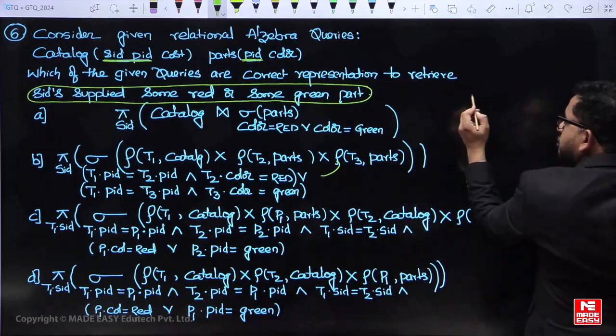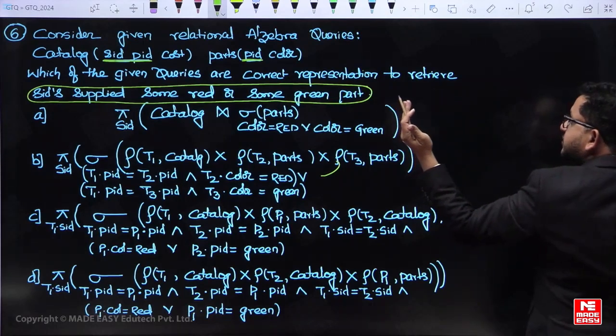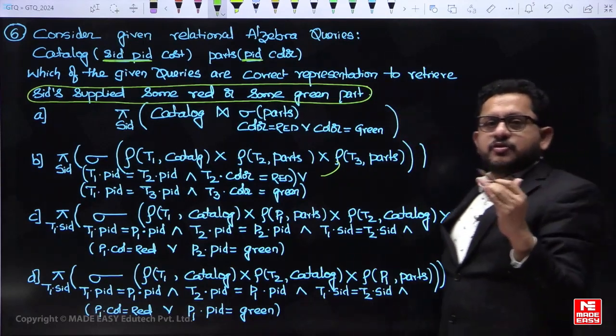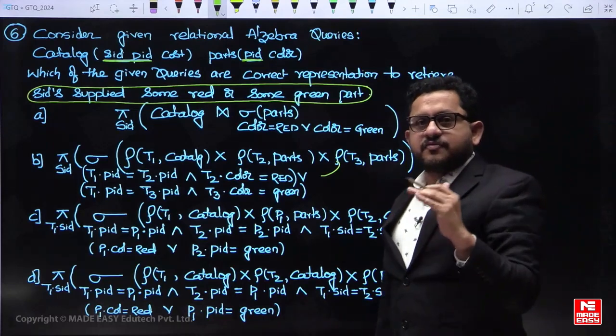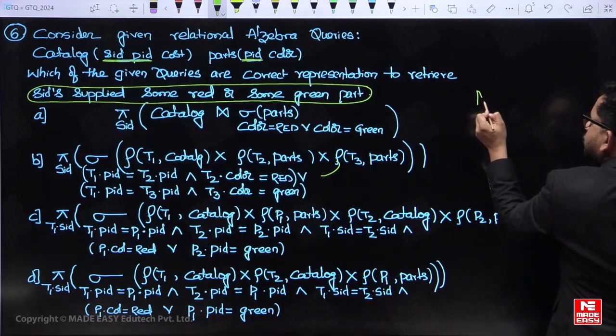In relational algebra, whenever we want to access data from one relation which matches some record, at least one record, or any record of the other relation for a given condition, we use the join symbols.